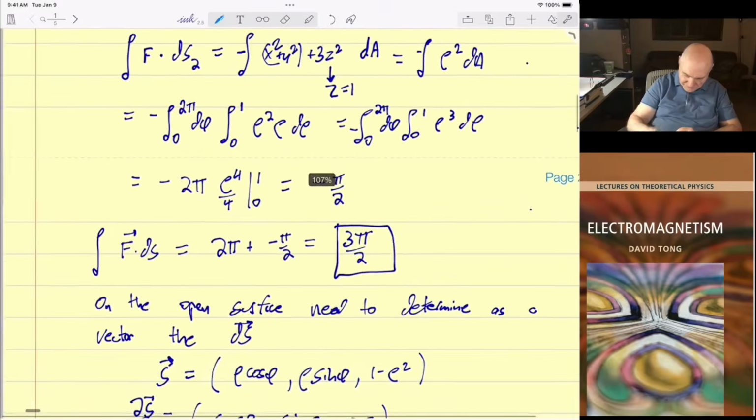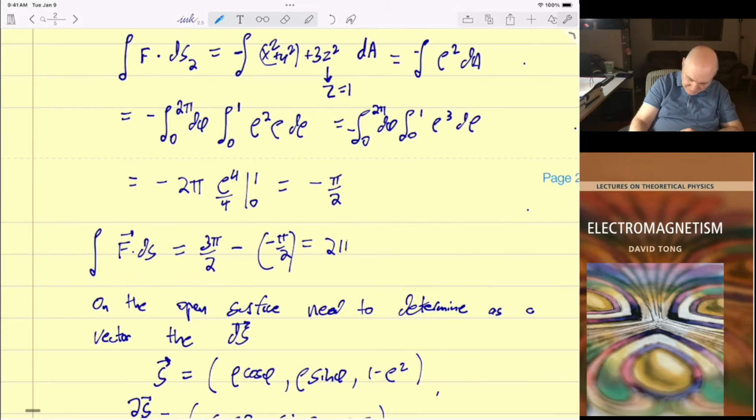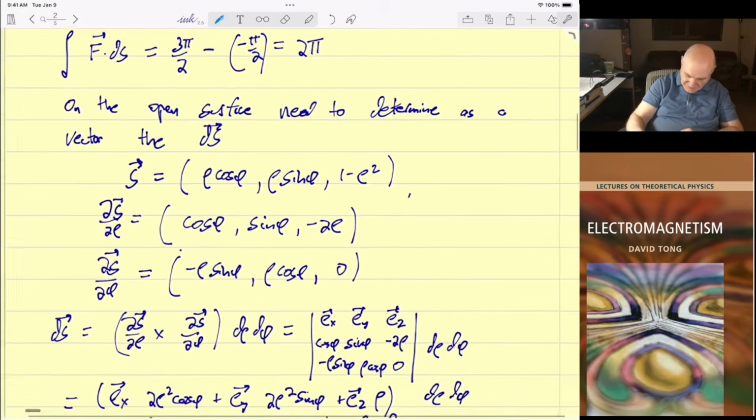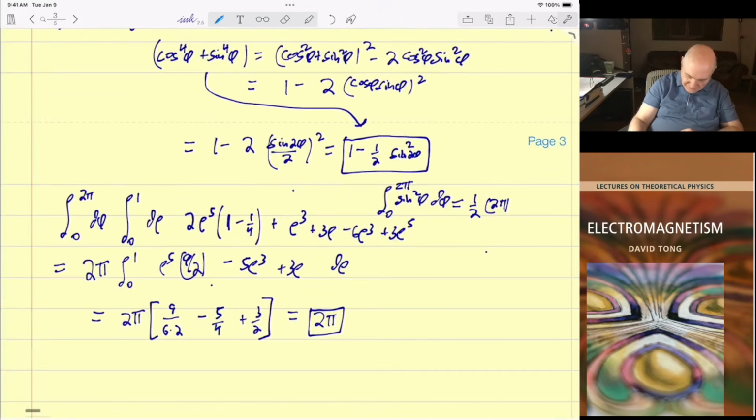So I messed that up. This should have been 3 pi over 2, and this should have been a minus pi over 2. And that's wrong, and this is equal to 2 pi. Sorry about that. And doing it directly as we just did, we get 2 pi also. So that's the manual solution.